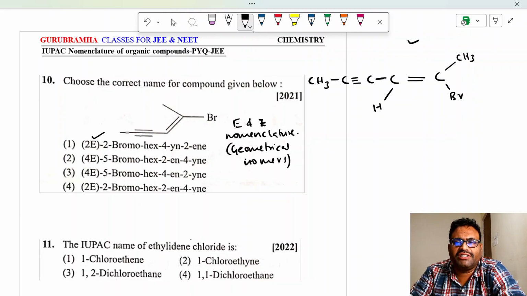So where do you find this E and Z, at this double bond? And when you are numbering, from where do you number? We number it from this carbon atom. 1, 2, 3, 4, 5, 6.